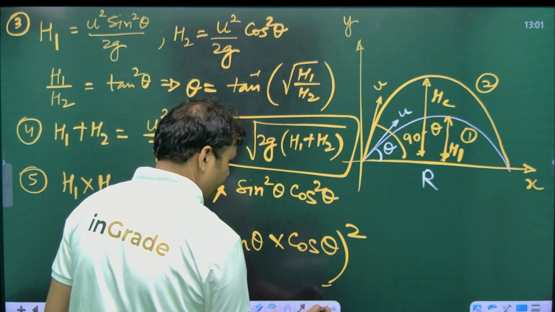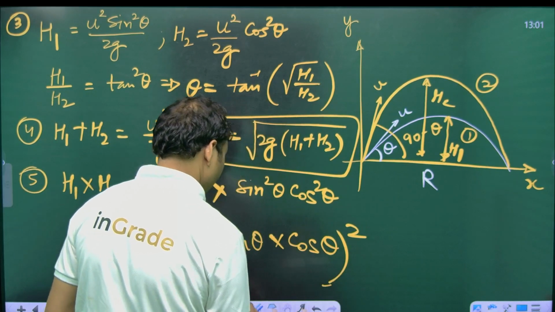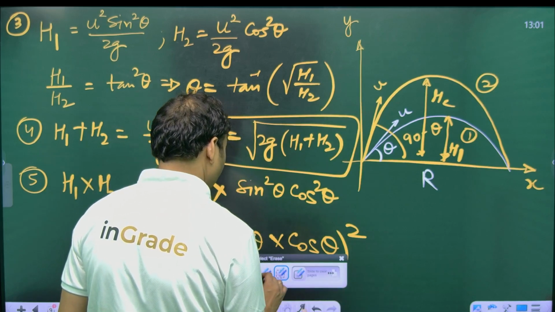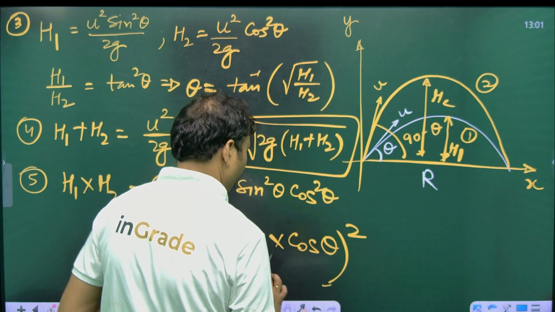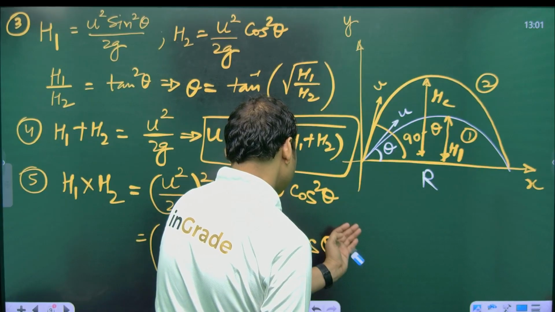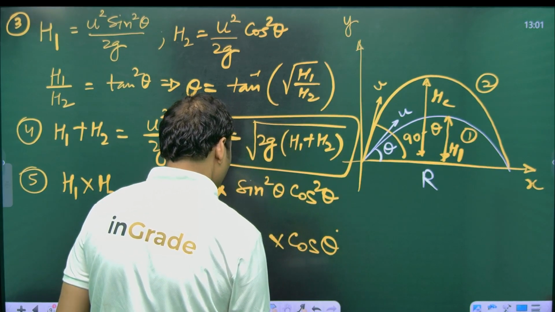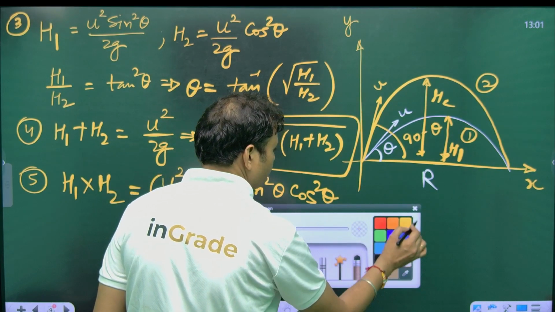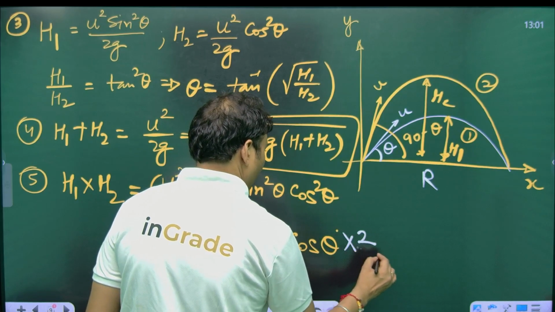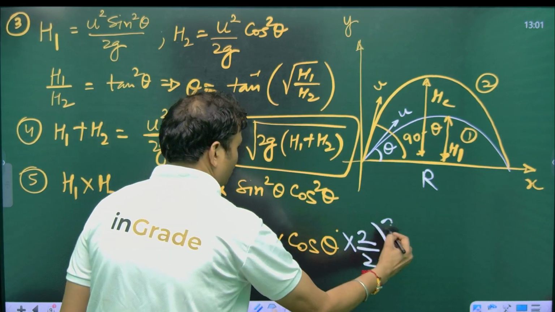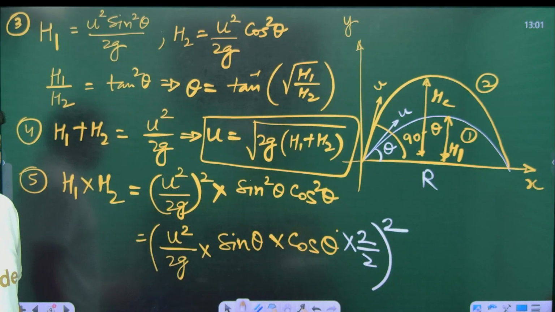If we multiply and divide by 2 whole square, I don't think there is a problem.